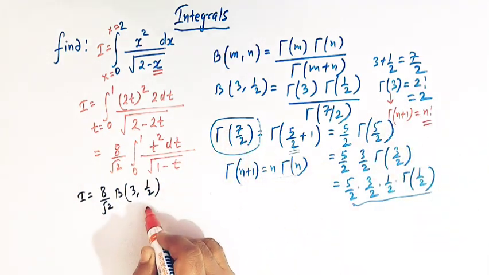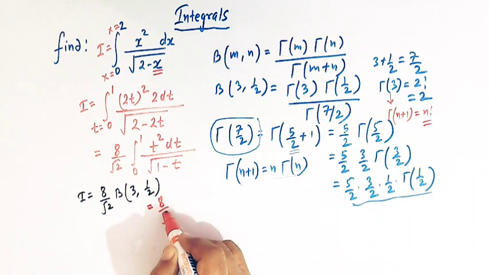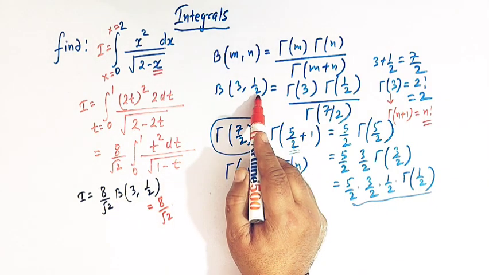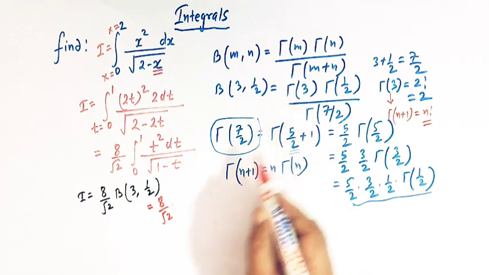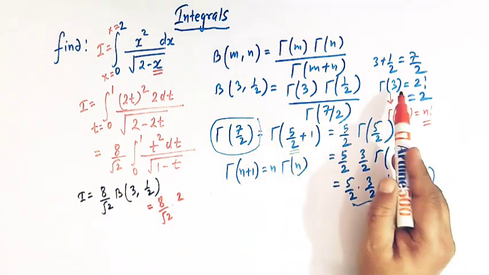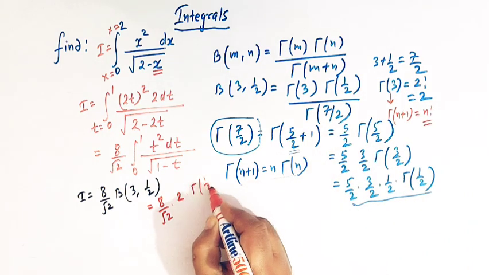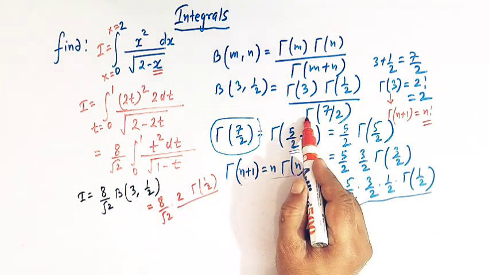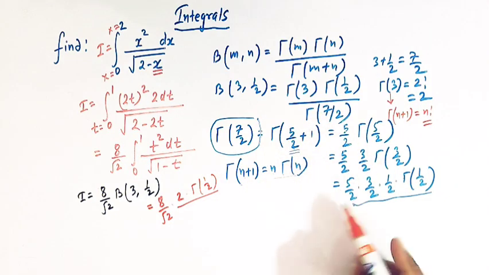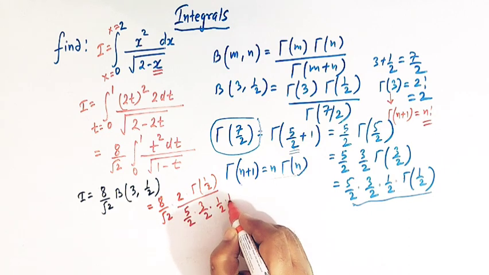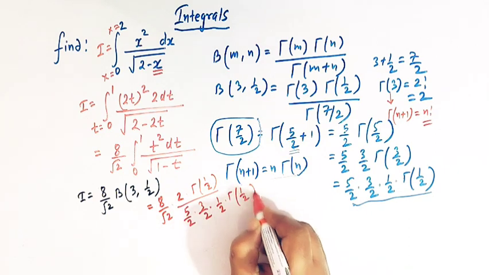So now we can write 8 over square root of 2, and beta 3 comma half is now equal to gamma of 3. Gamma of 3 is 2 factorial, which is 2. Then we have gamma of half, and then we have gamma of 7 over 2, which is 5 over 2 times 3 over 2 times half, and here we have gamma of half, right?